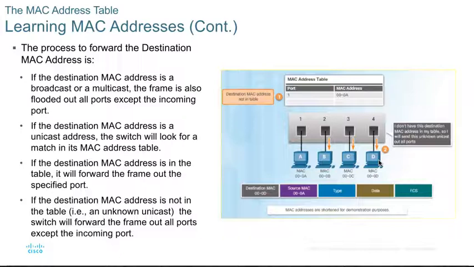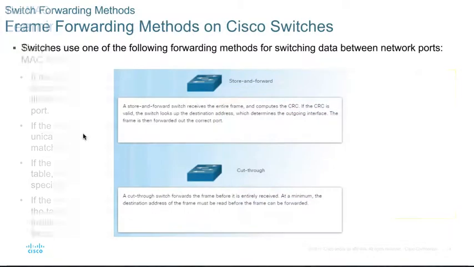He just sent a broadcast to everyone. Now I'm going to add his MAC address to my table. A switch can also learn another computer's MAC address when one PC sends what we call a unicast packet to another PC. So it will learn that and add it to its table too.